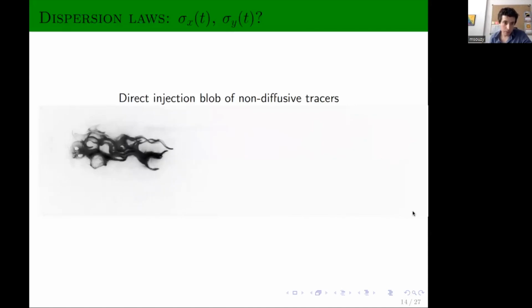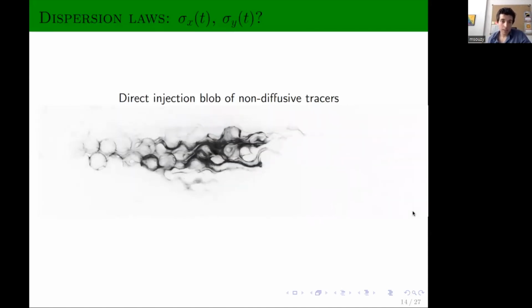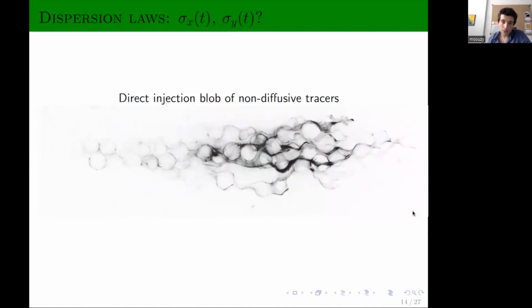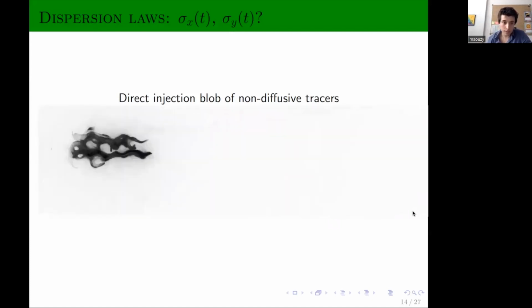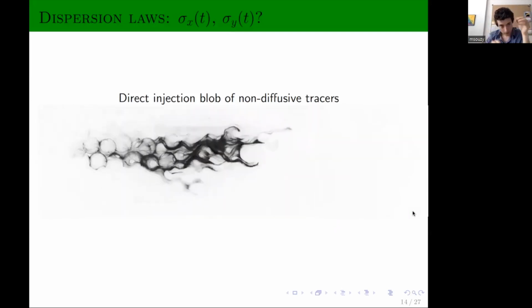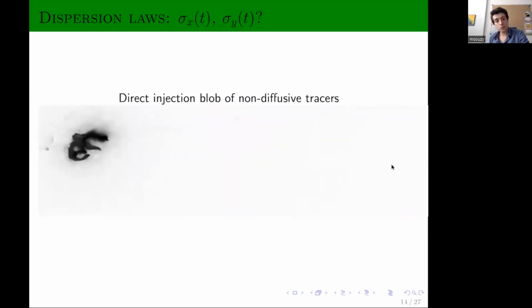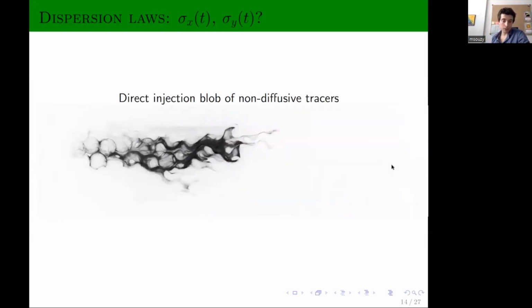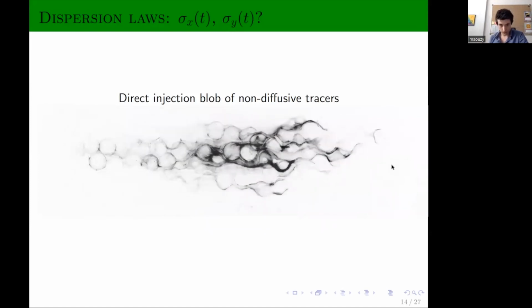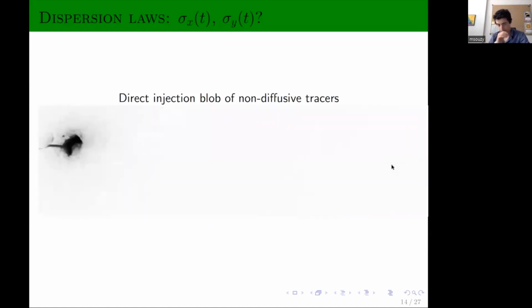So this is what happens if you do such experiments. Here, if you look carefully, you see that it's basically a cloud of very tiny black dots on the image. And all these tracers are non-diffusive, they are large enough such that they are not subject to thermal agitation.